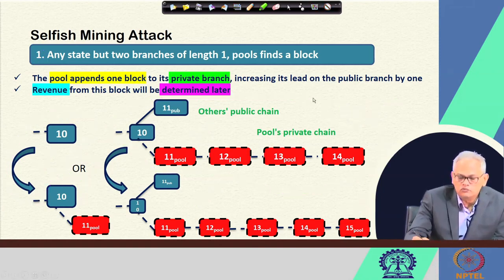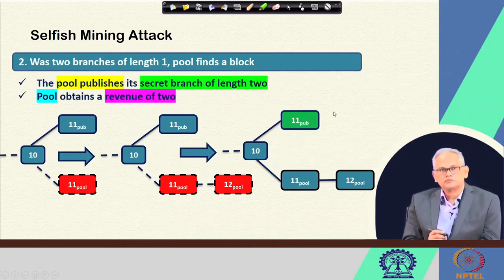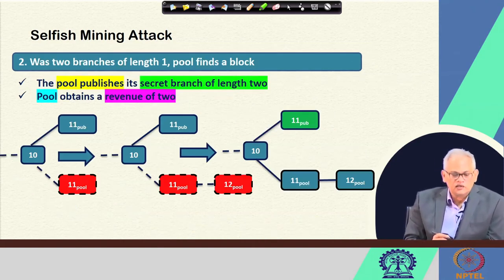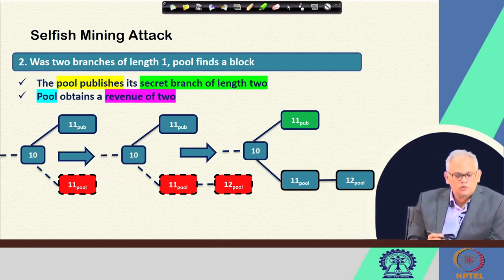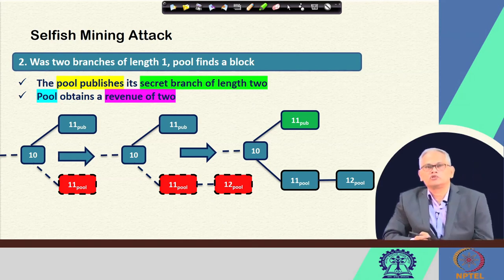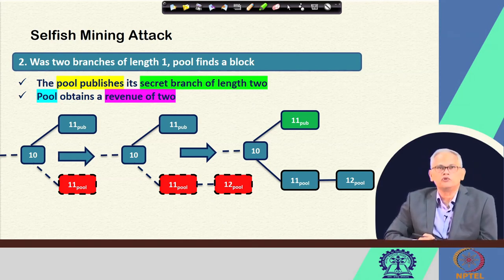Now we move on to the next slide, where the initial state is that there were 2 branches of length 1. There was this 11 pub which was known to everybody and this 11 pool which was known only to the attacker. And then what has happened is that the pool finds a block.